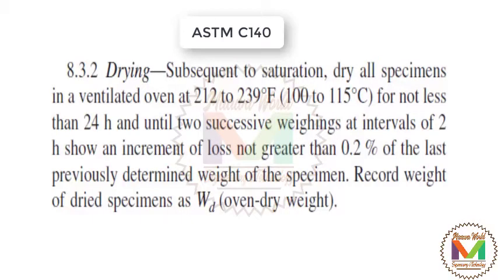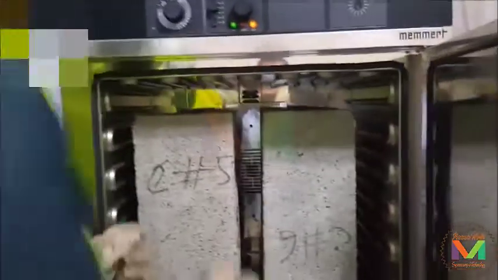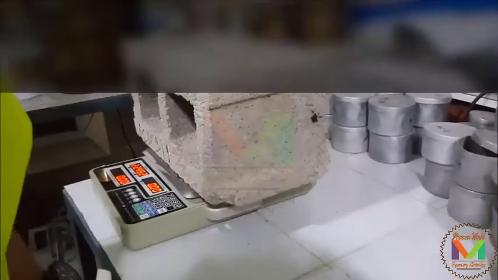After a 2 hour interval, we need to take their dry weight again, which is going to take place right now. Sample number 6. There we go. After a 2 hour interval, its weight is again 22.450 with no deviation in differences.